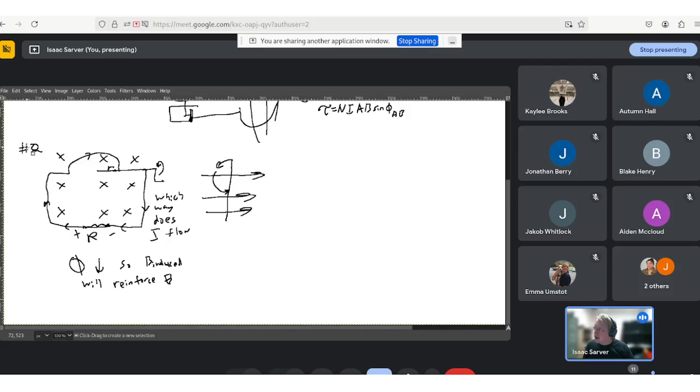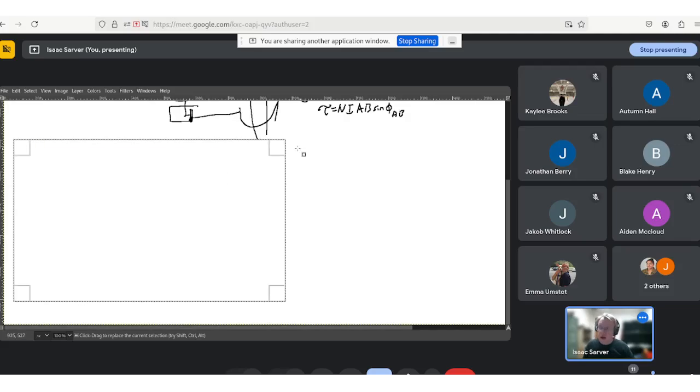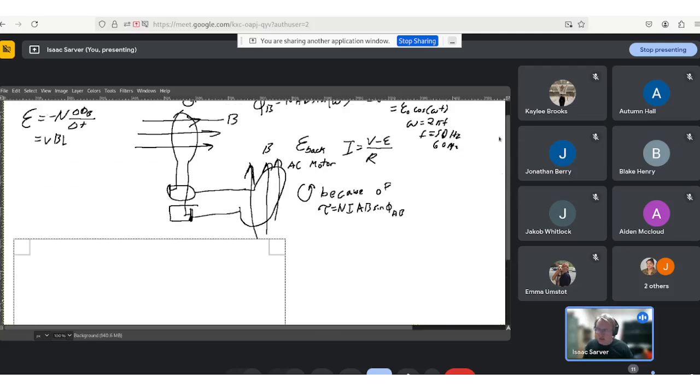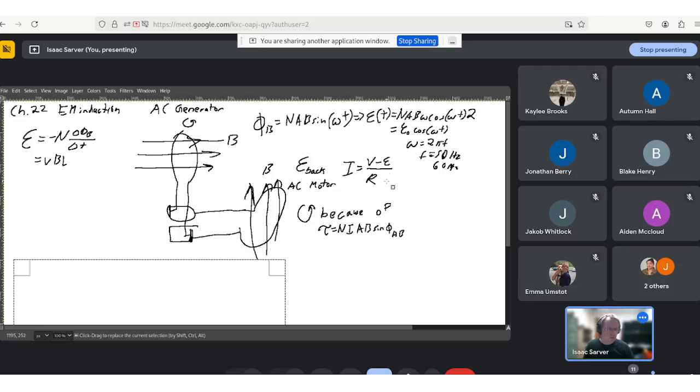I feel like I have talked enough about Lenz's law and Faraday's law. They are effectively the same, but slightly different. I think Faraday's law is the general case, and Lenz's law is what happens if you have a moving loop of wire.